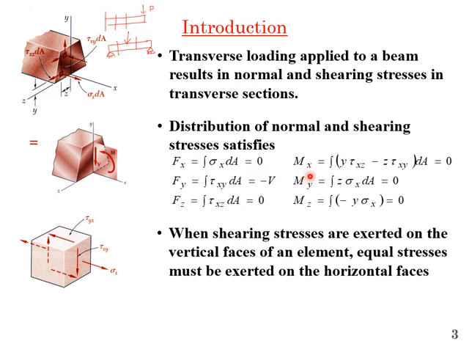Now, moment about x is 0, moment about y is 0, whereas moment about z will not be equal to 0. So it's written wrong over here. That should be equal to Mz.